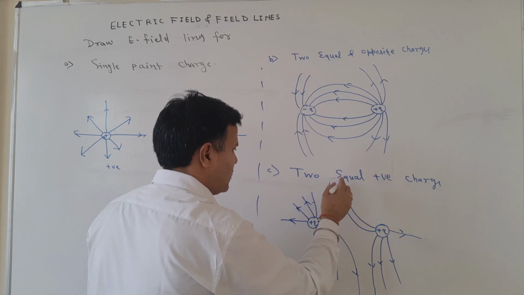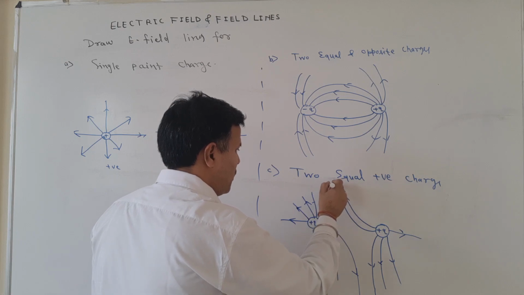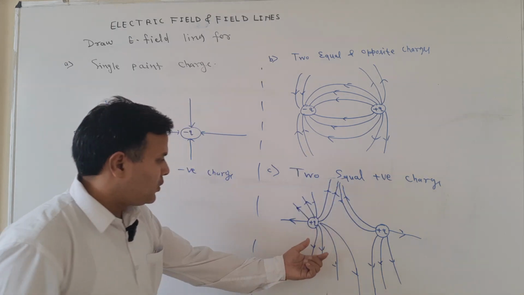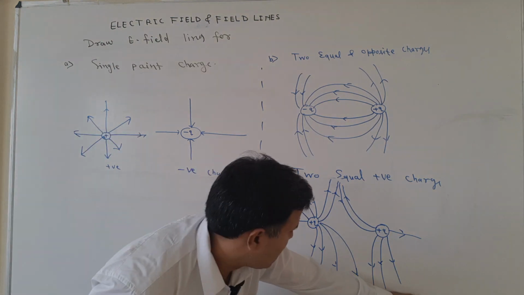And they will never intersect each other. We know this other property of electric field lines. So this is another way to represent it.